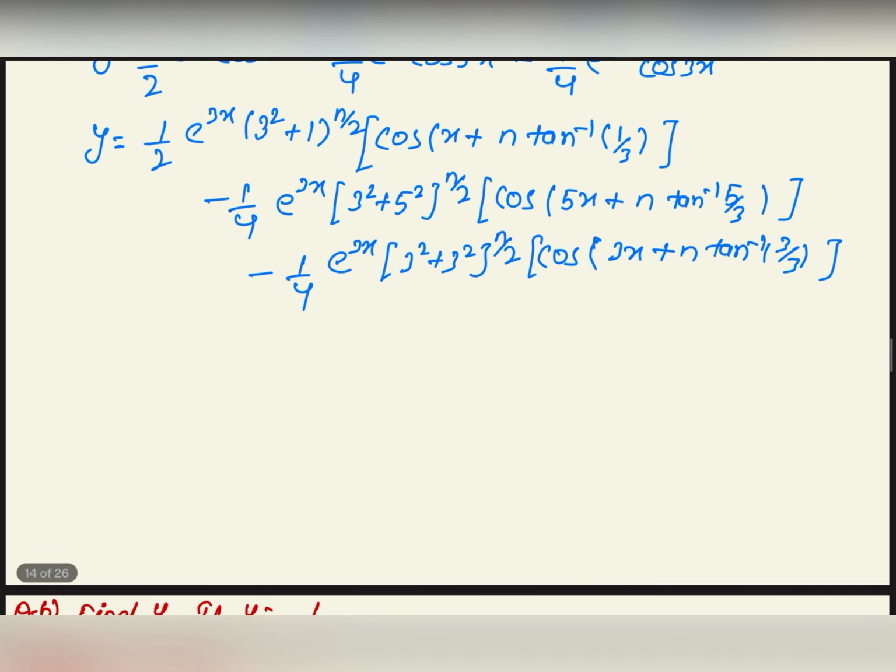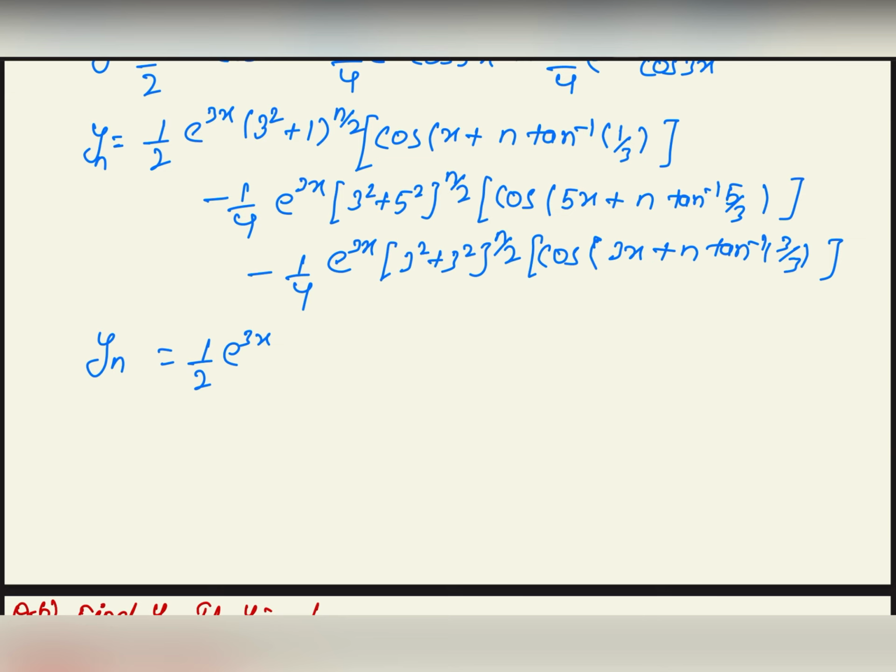So hence yn, this is yn, is equal to 1/2 e to the power 3x, 9 plus 1 is equal to 10 to the power n by 2, cos of x plus n tan inverse 1 by 3.